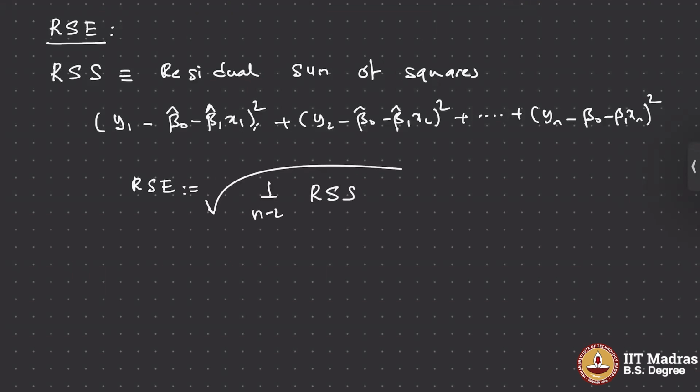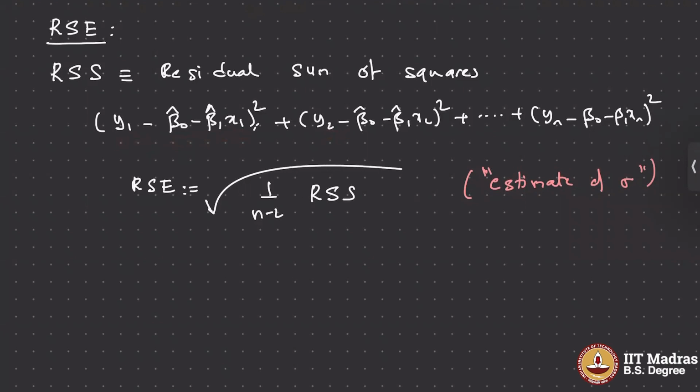If you've seen this in statistics before, this is just an estimate of sigma. If you did not know sigma, this is one way of estimating sigma. You take the RSS, divide, and take the square root. What is RSS essentially? RSS involves taking the yi's minus the predicted values of the yi's. So RSS was yi minus yi hat, the whole square.